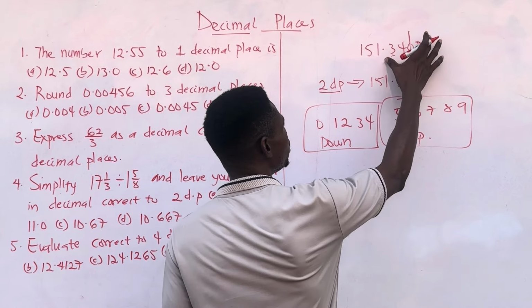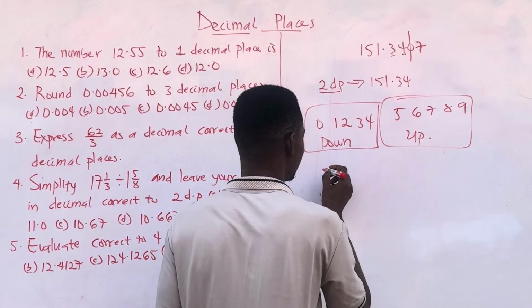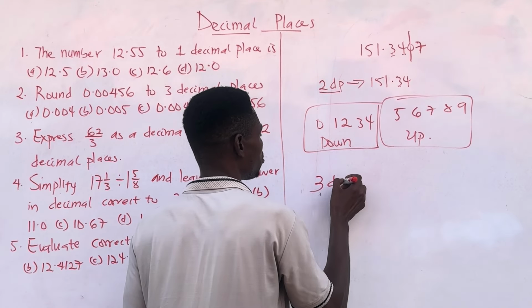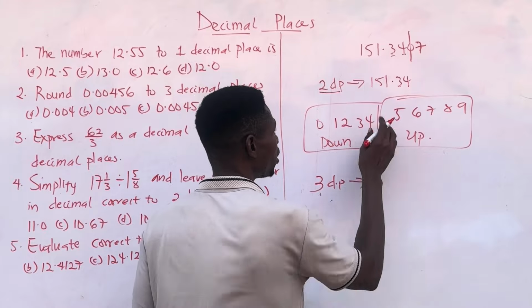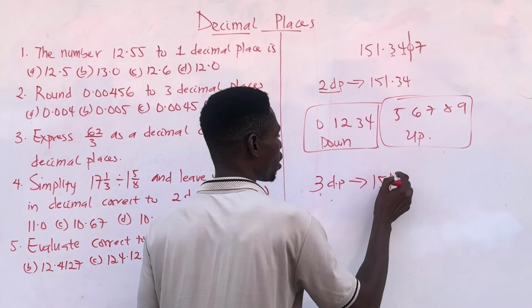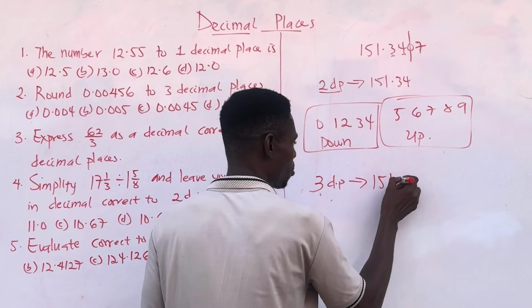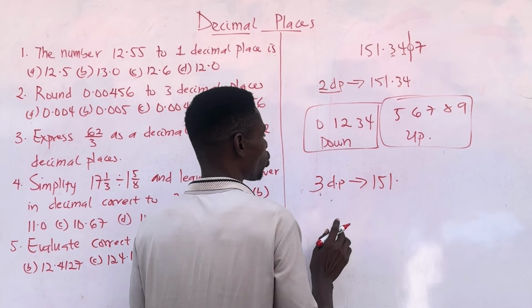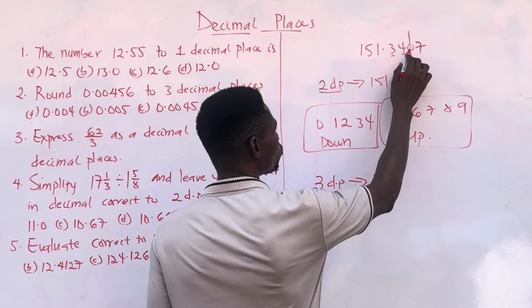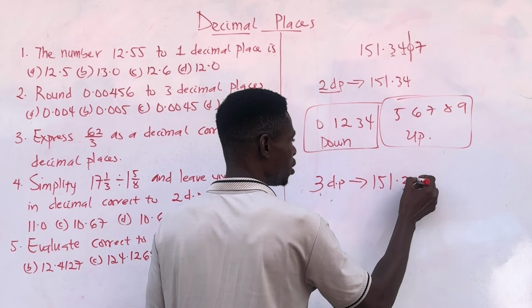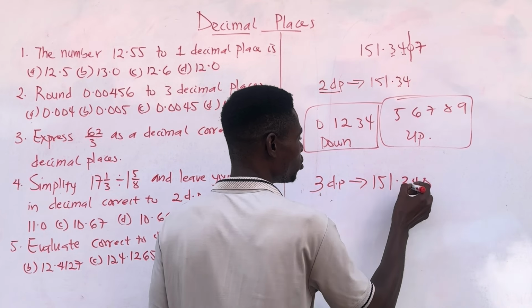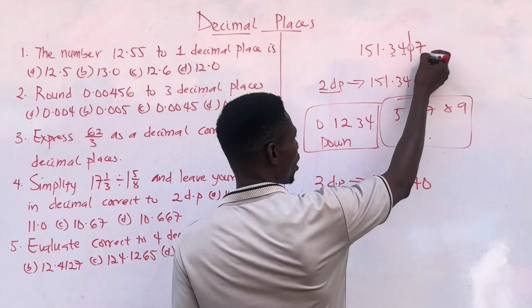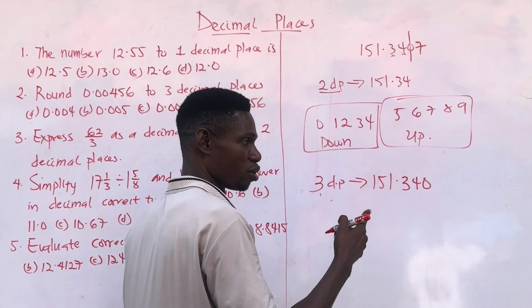So let's say we're doing this to three decimal places, for example. This will be, remember, 151. The decimal part is now our business. Point. So we're counting 3 now. 1, 2, 3. So we'll have 3, 4, 0. But we cannot write 0 because the number after it is a round up number.